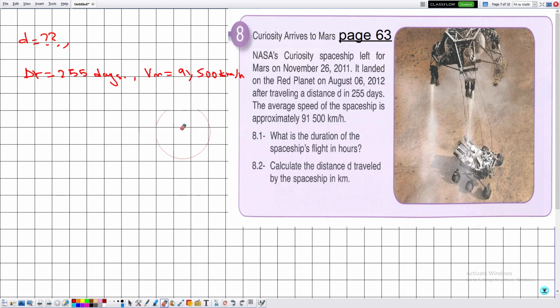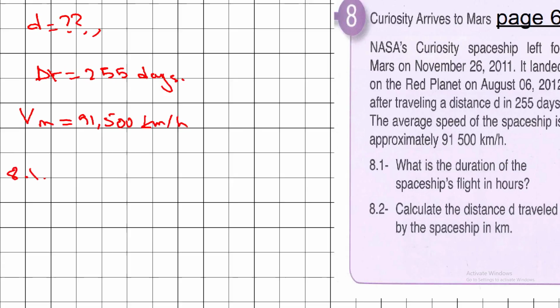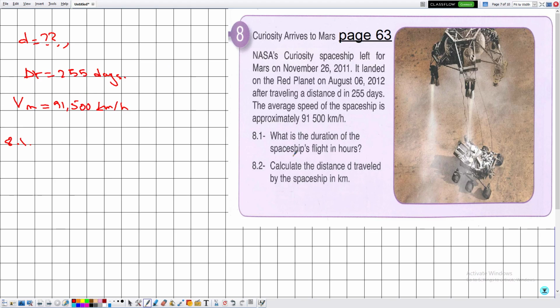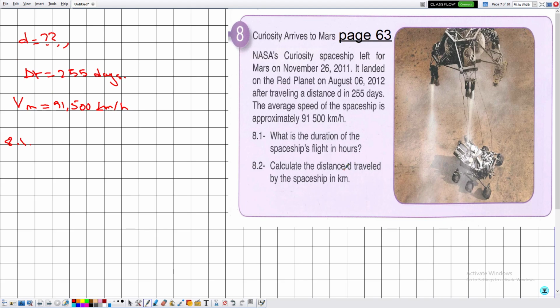Let me write it here. In 8.1 they are asking for the duration of the spaceship flight in hours. So we need to convert this duration into hours because they are specifying the unit. If they didn't specify, we should calculate the duration delta t in seconds.